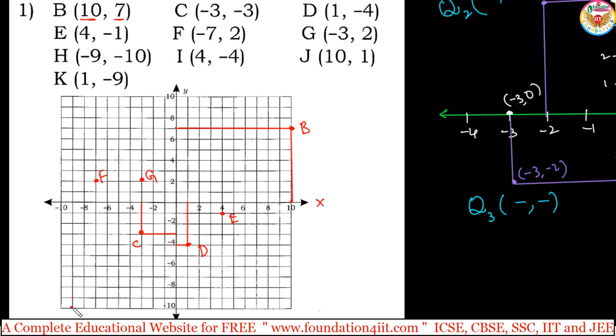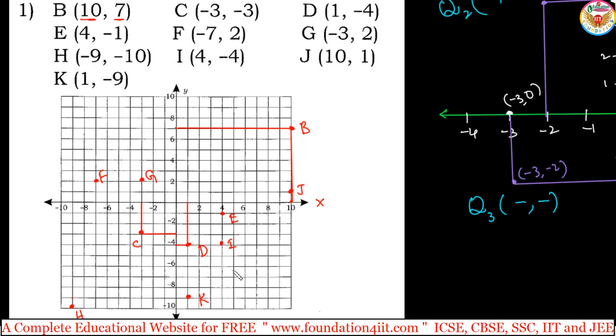So this is point H. 4 comma minus 4 is the letter I. J is 10, 1. The K is 1 comma minus 9. 1 on the x-axis, minus 9 on the y-axis is here.